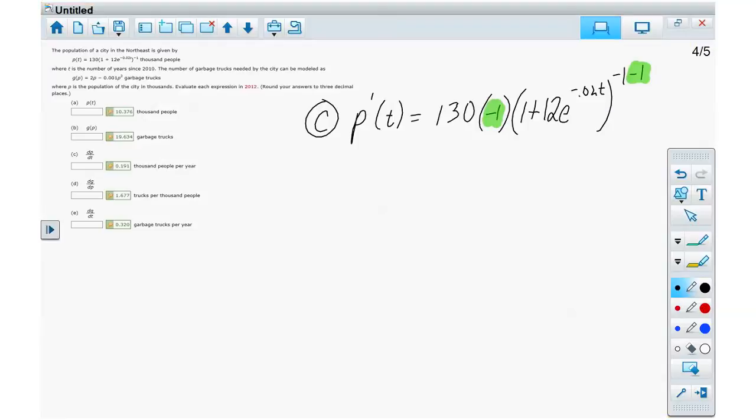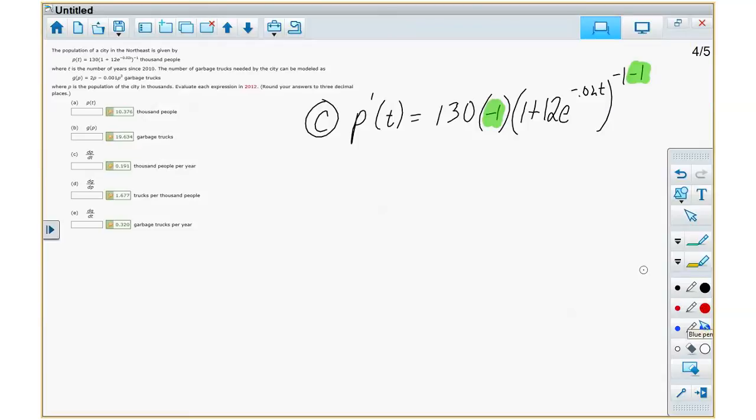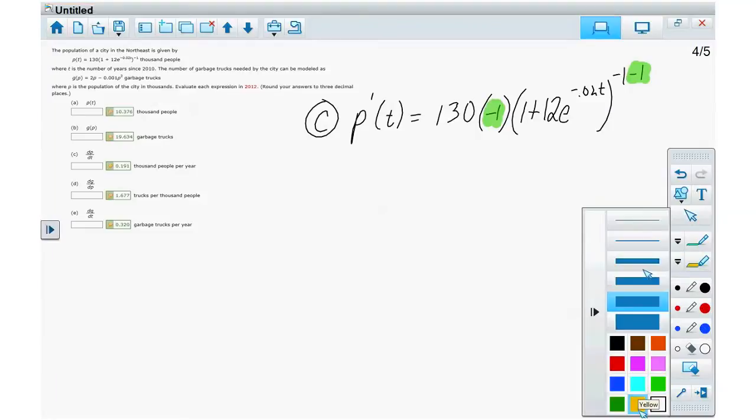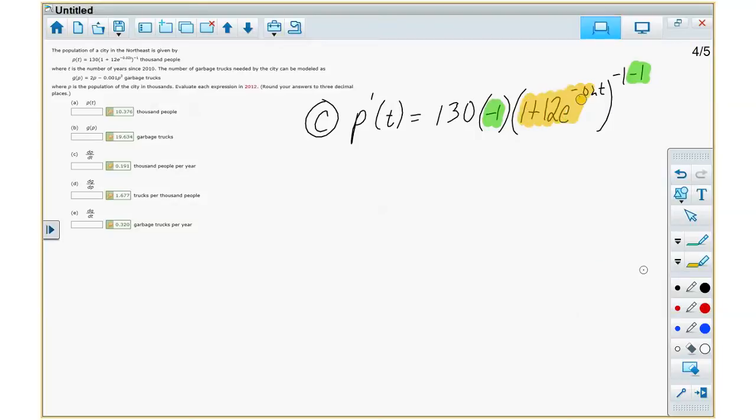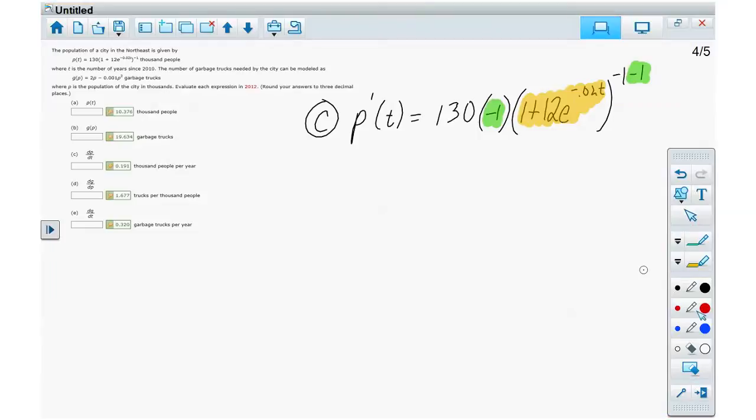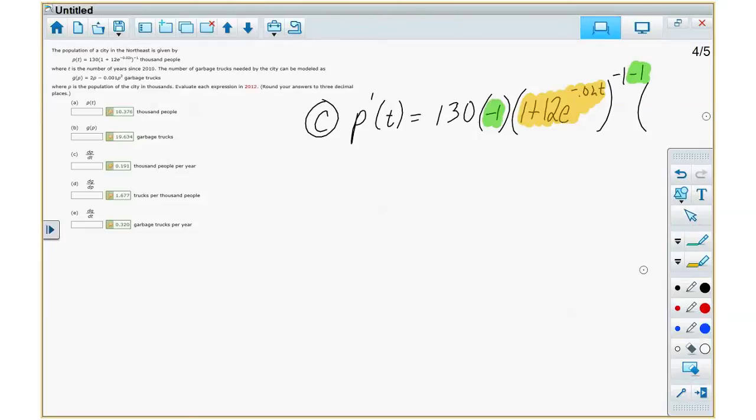But the chain rule says that if I have this, I've got to take the derivative of what's inside. So what's inside, I'll do with the yellow highlighter. We've got to take the derivative of this guy right here. So that means we've got to do the derivative of what's inside. Well, the derivative of 1 is what? 0. So I'm going to put that there.